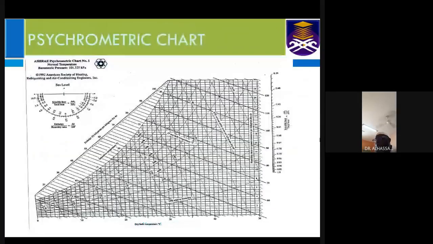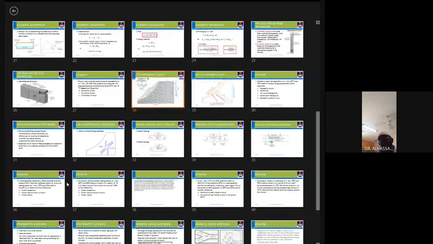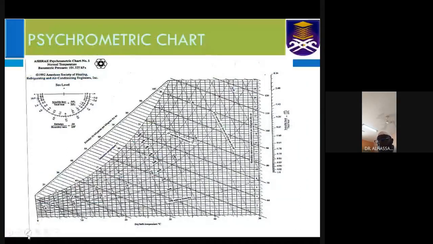Before I start solving the question, this psychrometric chart is designed for air conditioning application at 1 atmospheric pressure, that is 1 bar, 101.325 kilopascal. Any pressure apart from this, we cannot use the psychrometric chart.